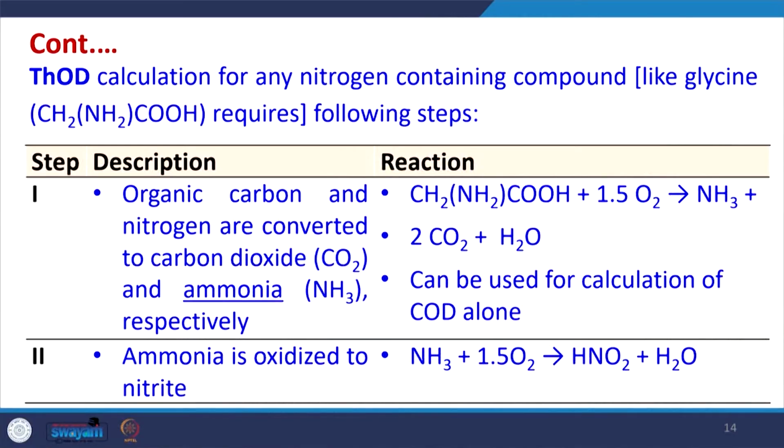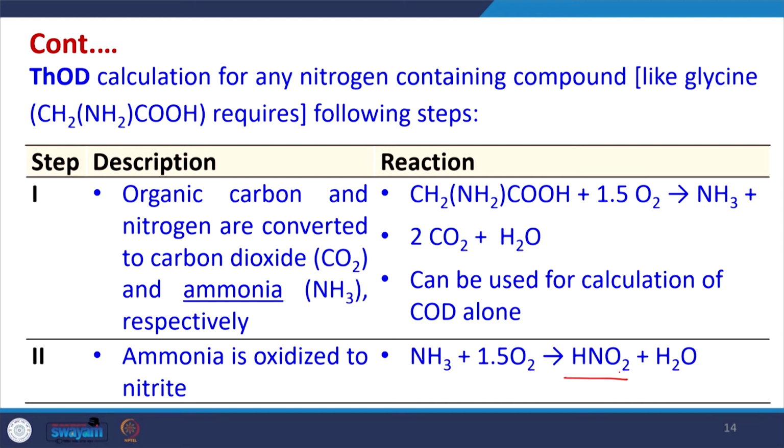Now, THOD calculation for any nitrogen containing compound like glycine requires the following steps. In step 1, organic compounds and nitrogen are converted into CO2 and ammonia. So, nitrogen will be converted into ammonia in the first step, and in the second step ammonia will be converted into HNO2.